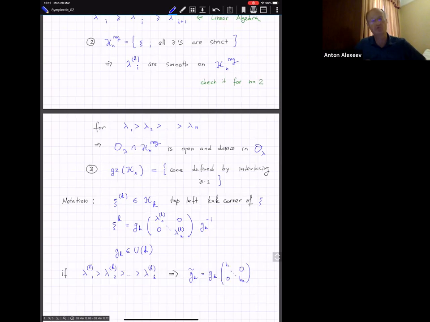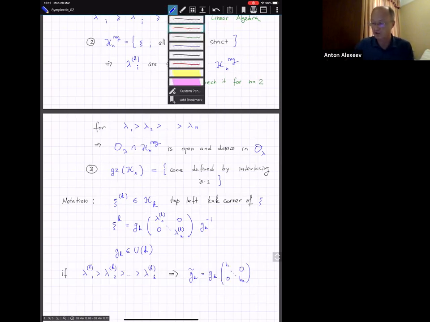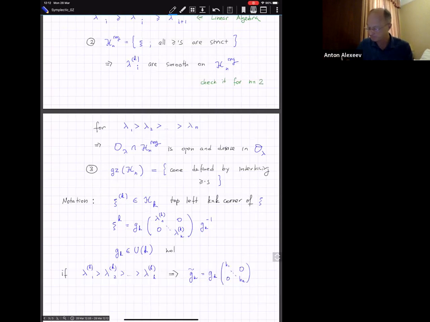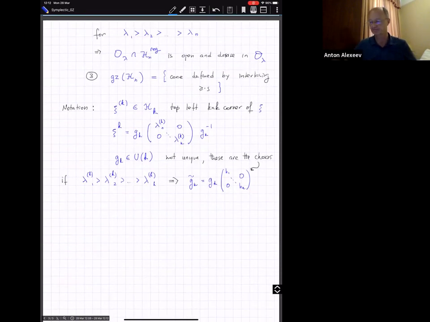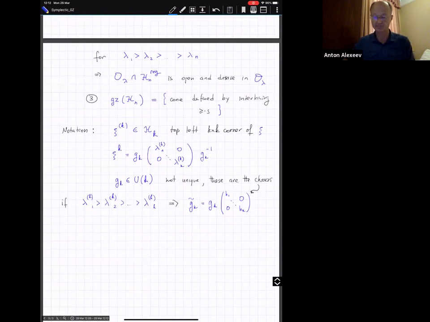So in principle, Gk's are not uniquely defined, but these are the traces. Okay, very good.